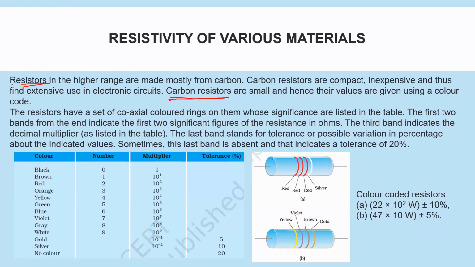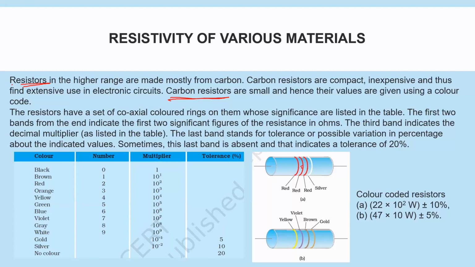Okay, so you can see over here that this is the resistor. This is like a small cylindrical kind of a body, and you put colored rings. Now each ring, the color as well as the position, has a significance. Okay, so the first two bands, if you see over here, these are the significant figures of the resistance in ohms.